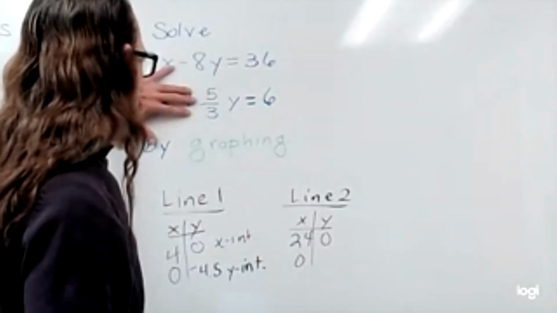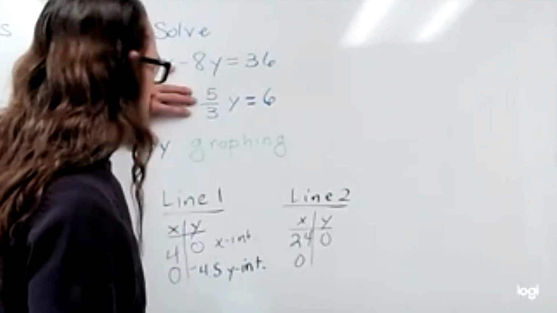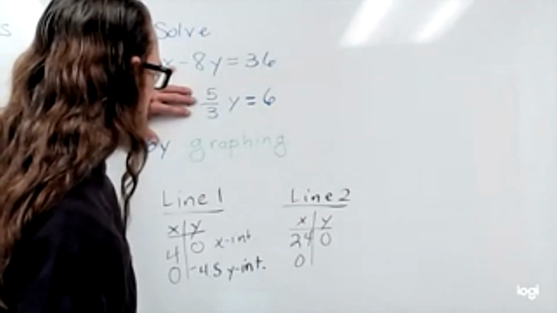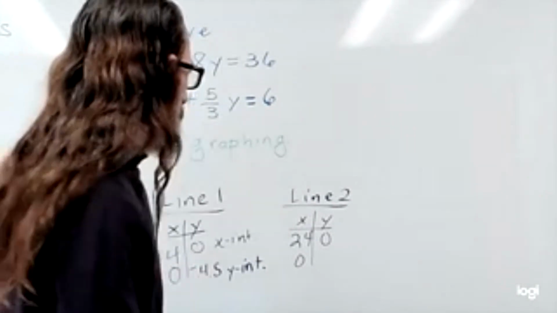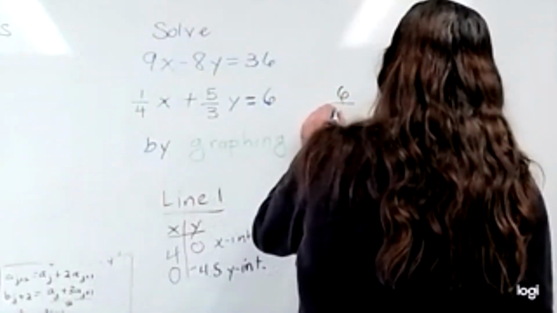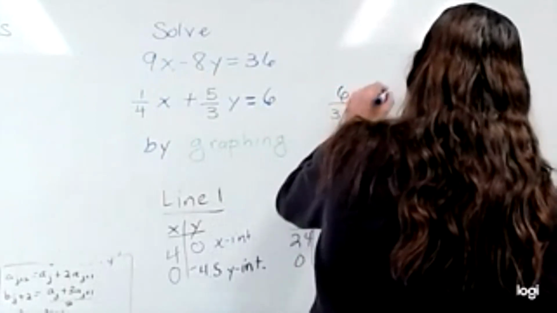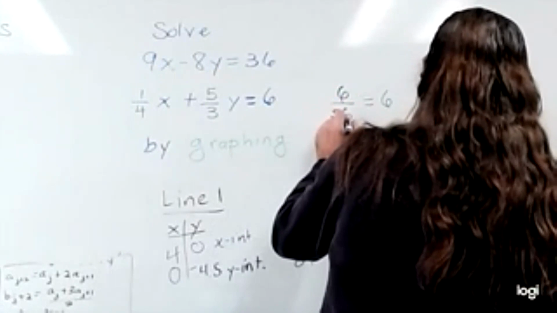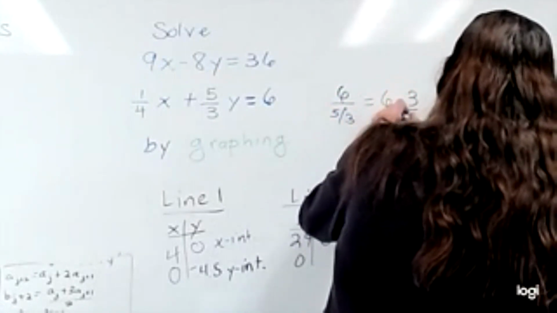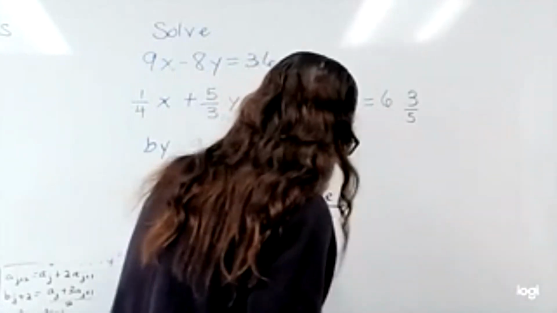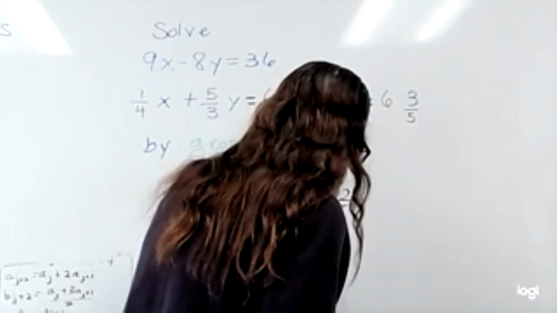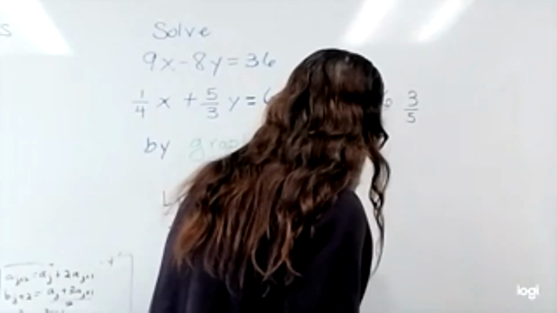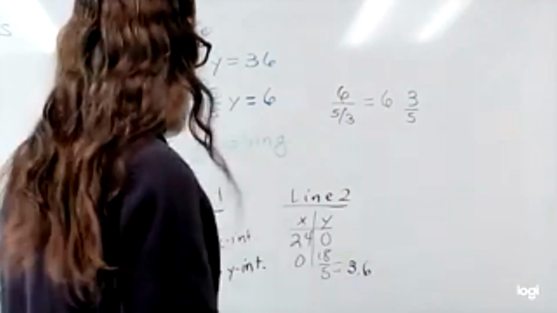That's going to be 6 divided by 5/3, which would be the same as 6 times 3/5. We're dividing by 5/3, same as multiplying by 3/5. 18/5, which would be 3.6 or 3 3/5. Okay.